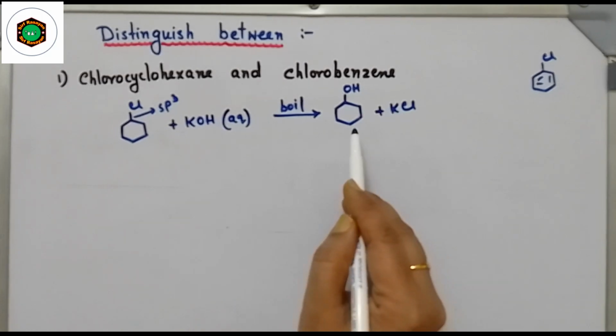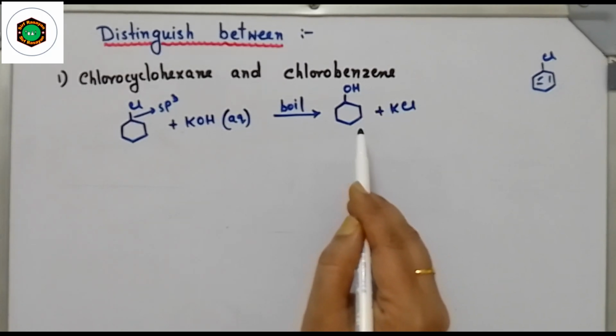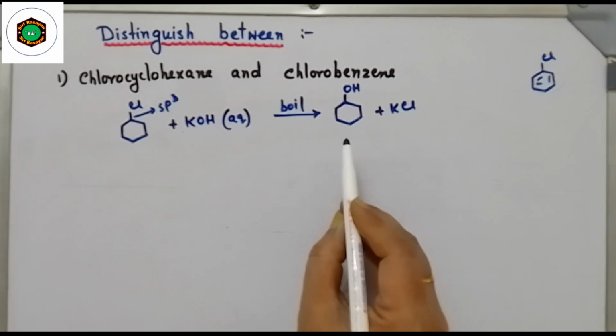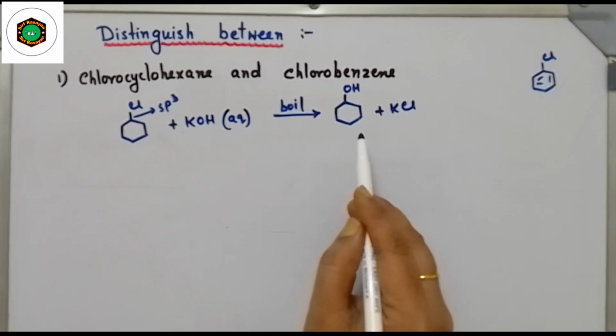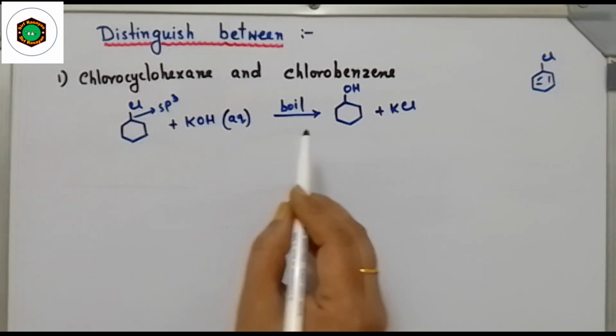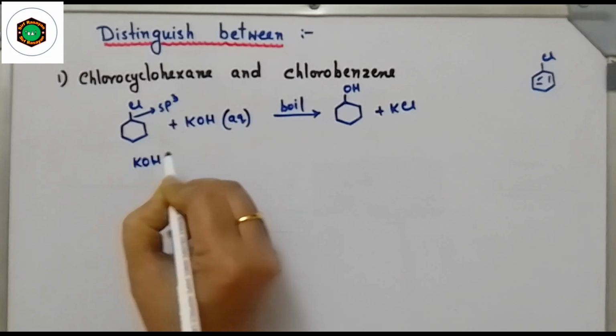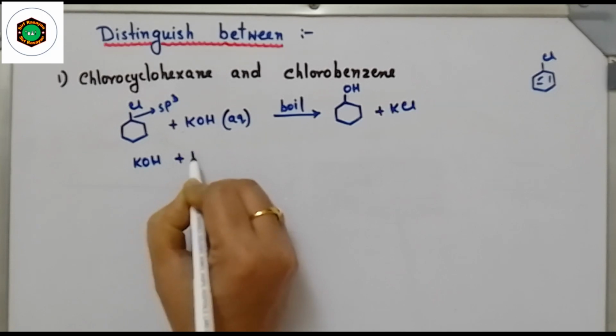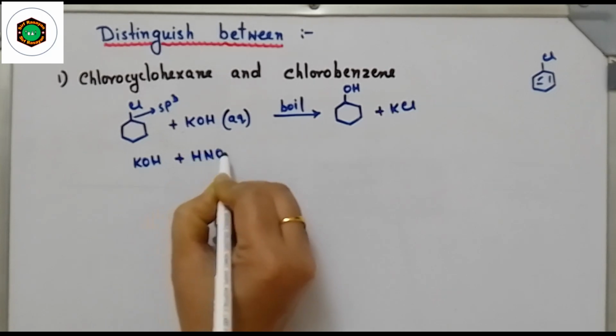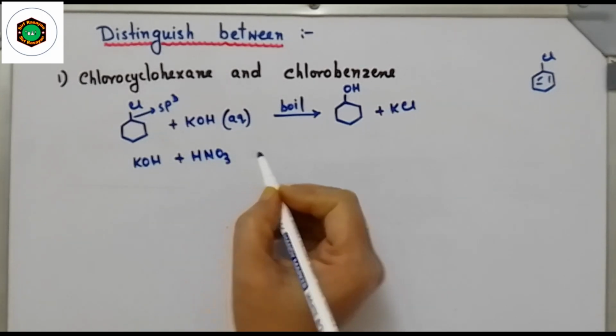Now in the test tube you add a few drops of dilute nitric acid and then silver nitrate solution. What will happen? Neutralization of excess KOH will take place.